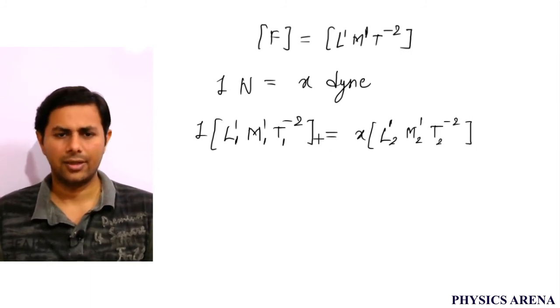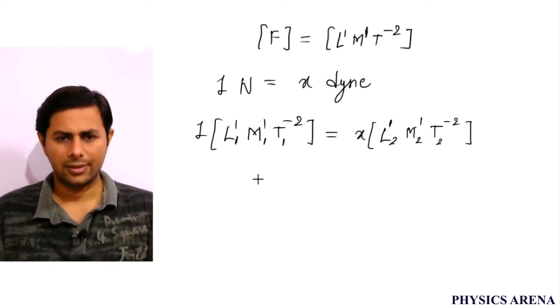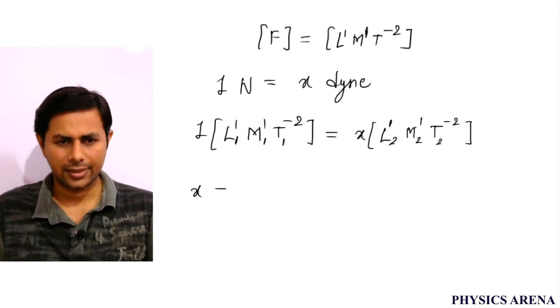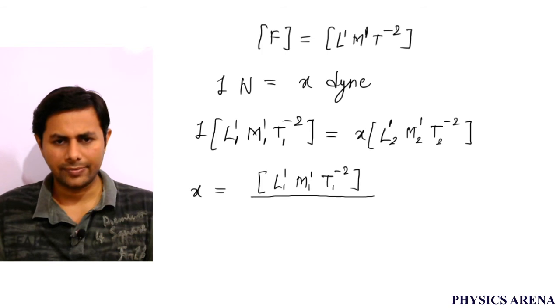Okay, after that I can take this term on the left hand side and I can rewrite this as x is equal to L1 raised to 1, M1 raised to 1, T1 raised to minus 2 divided by L2 raised to 1, M2 raised to 1, T2 raised to minus 2.